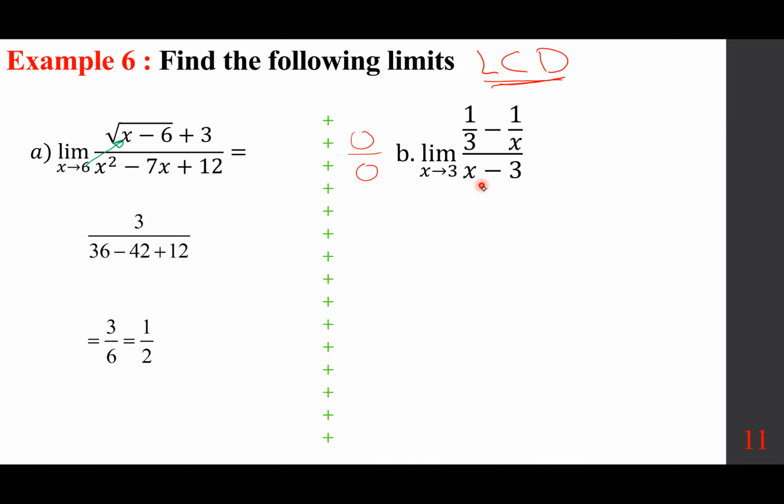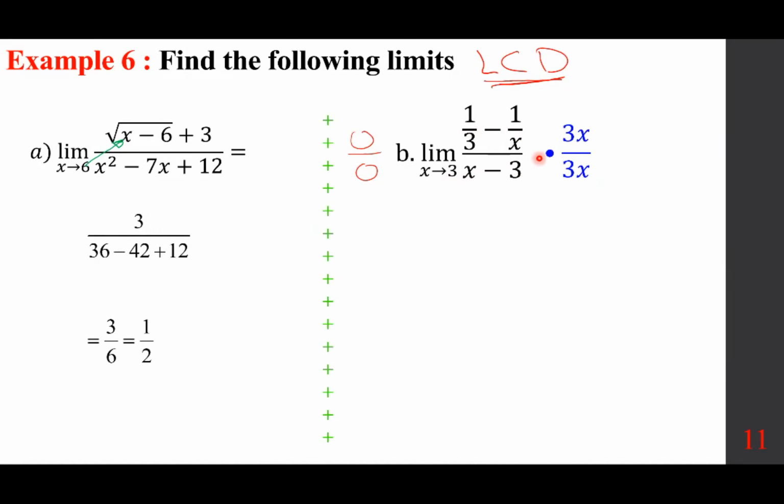In this case, the LCD is 3x. So you multiply everything, the top as well as the bottom, by 3x. And notice again, this is equal to 1. So it is justifiable. If you multiply it by the first piece, you get x minus 3, and the denominator, you just write it as a product. You don't do anything. Again, x is approaching 3, that's a problem.